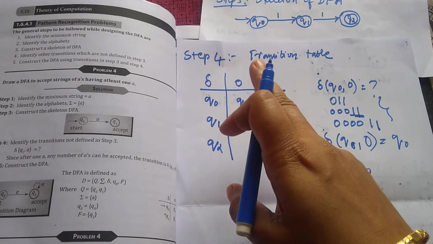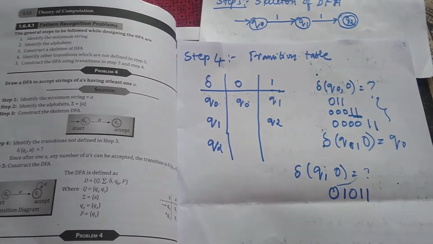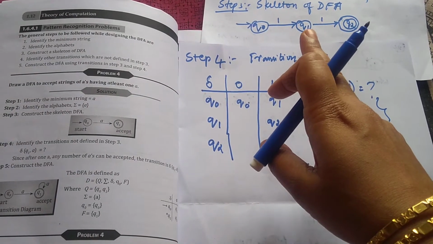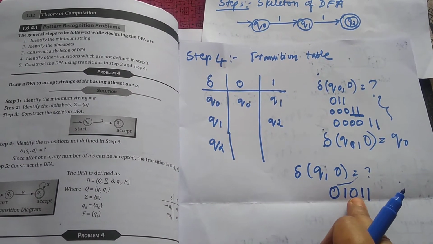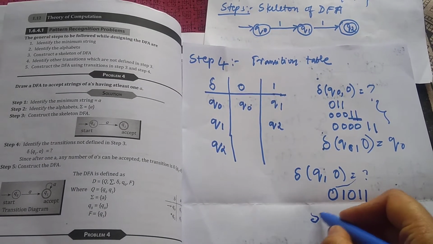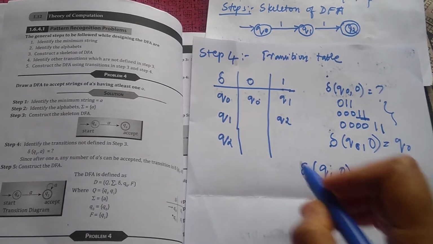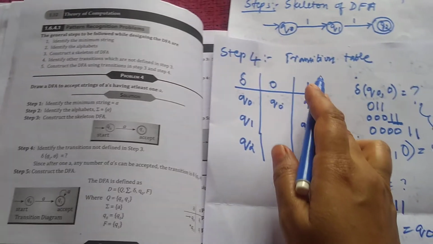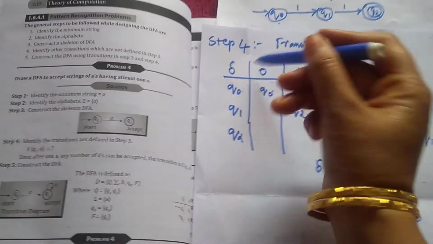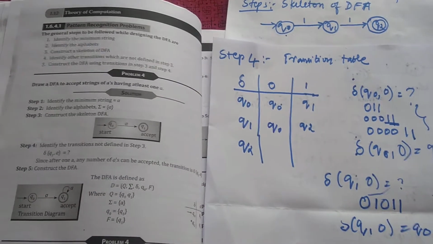So Q0 upon 0 is Q0 only, and Q0 upon 1 you go to Q1. At Q1, if you have 0, then go back to Q0. That means Q1 upon 0, you are going to Q0. So it will be like this.